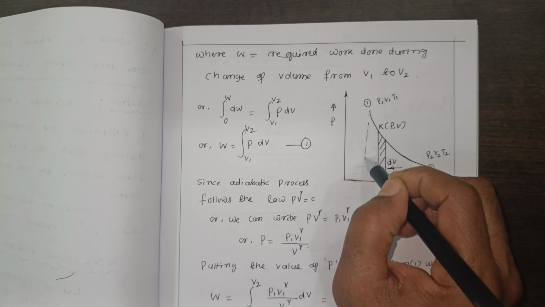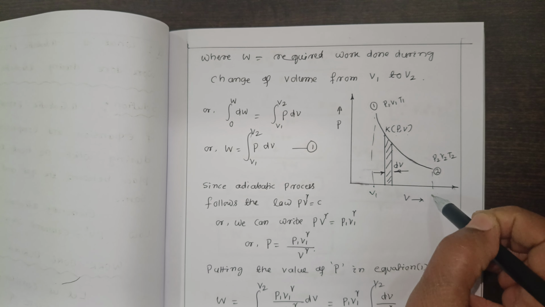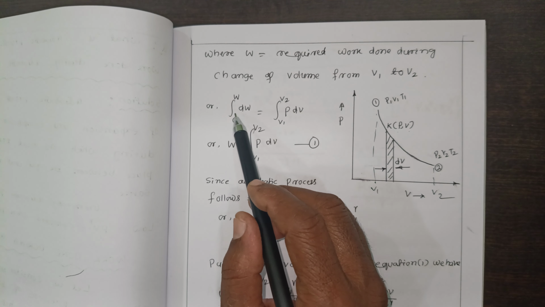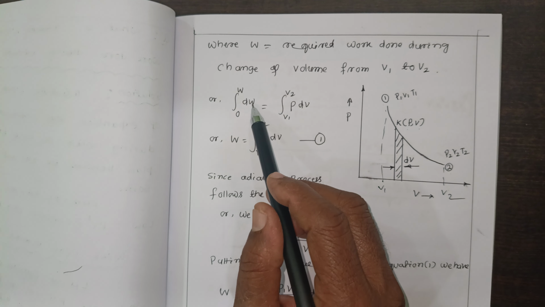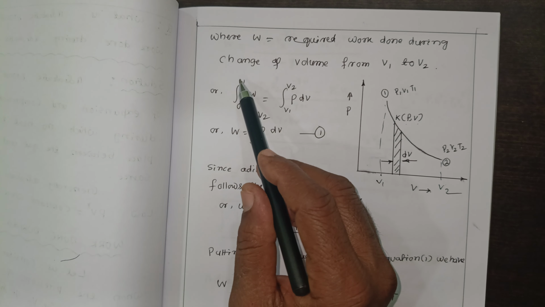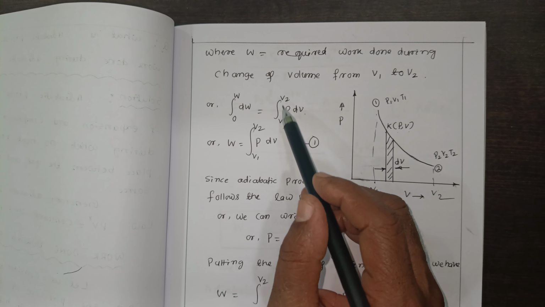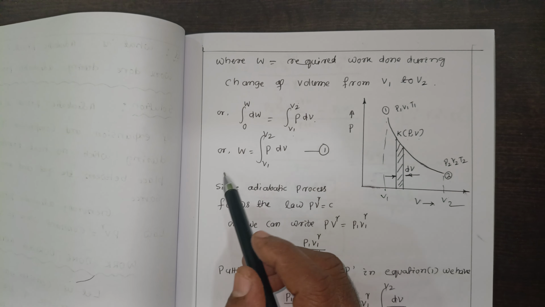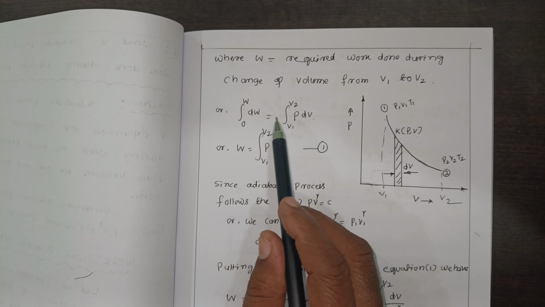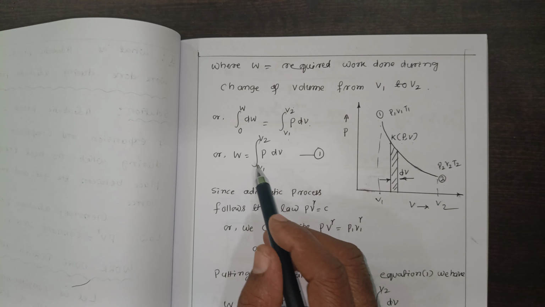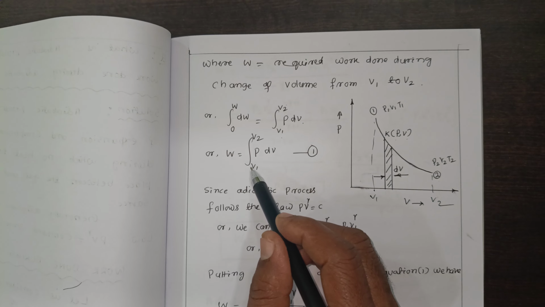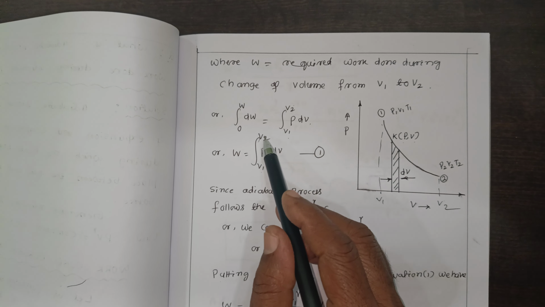Here this is the volume V1, this is the volume V2, or we can write dW with the limit 0 to capital W is equal to P dV with the limit V1 to V2, or after integration we have W is equal to integral of P dV with the limit V1 to V2.